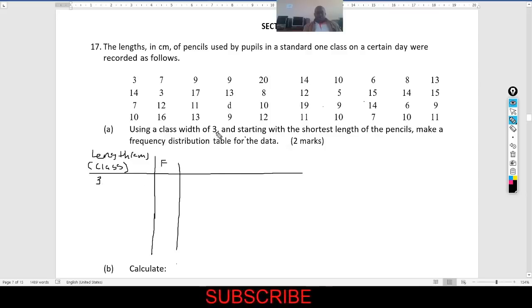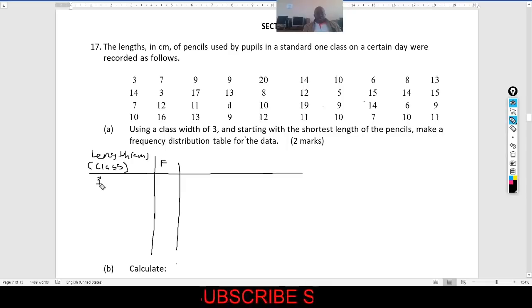If the width is 3 and the lowest is 3, remember, I start with the first one up to, maybe, 4, and the next one must start from 5, because you cannot count 4 twice. So you think of the lower limit here.